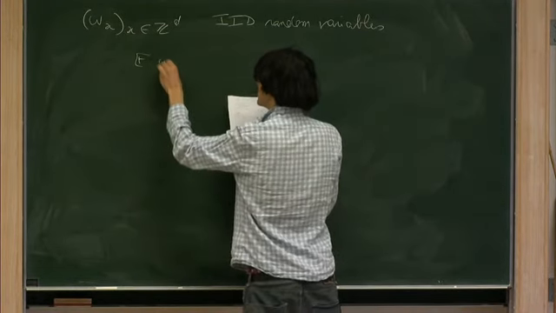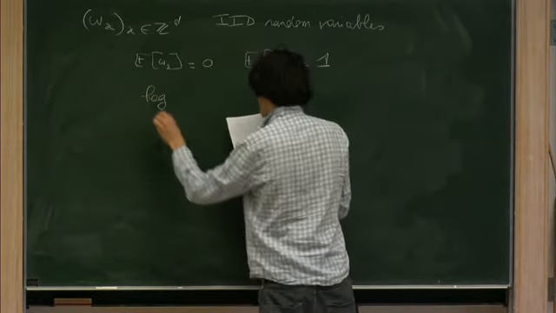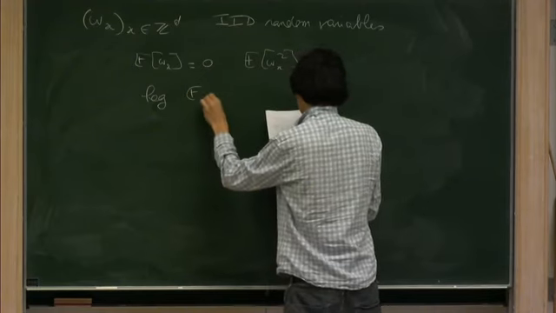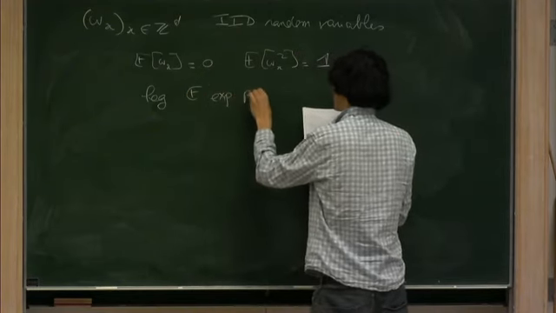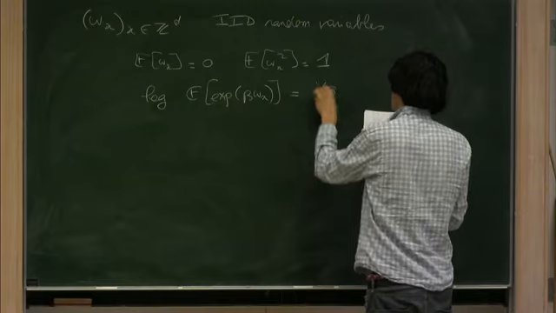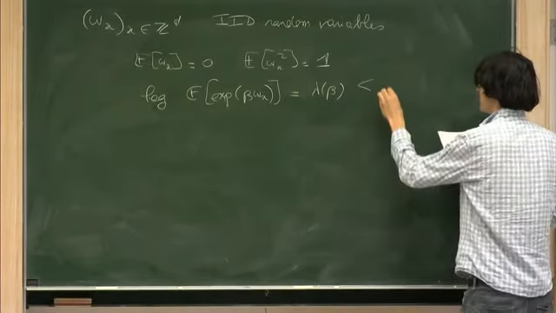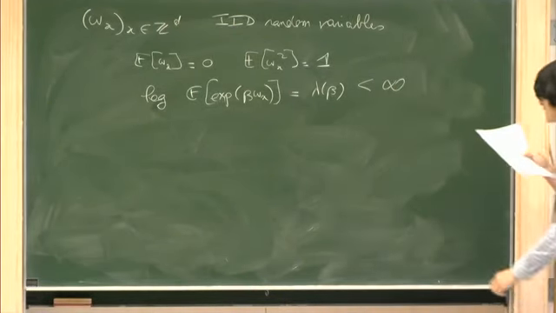But we can be a bit more general, but I will assume for convenience that they are centered and of unit variance. This is just a matter of renormalizing, and I want my variables to have a finite exponential moment. So lambda beta is the log Laplace transform of my variables, and I assume that it's finite for all beta.